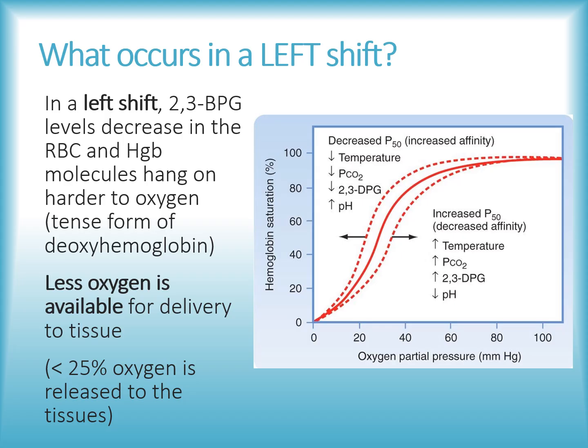So in this case, instead of 25% or greater than 25% of oxygen release, we are going to have less than 25%. And 25% seems to be kind of the magic number, okay? So we've got 25%, and then with a right shift, it's going to be greater than 25%, and with the left shift it's going to be less than 25%.